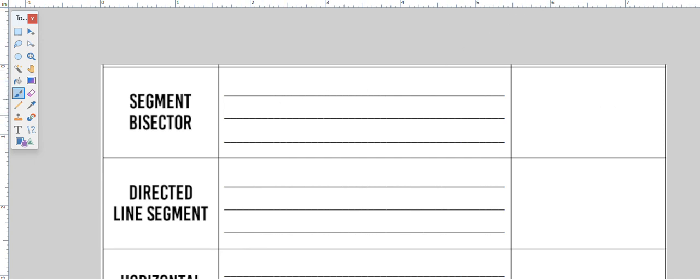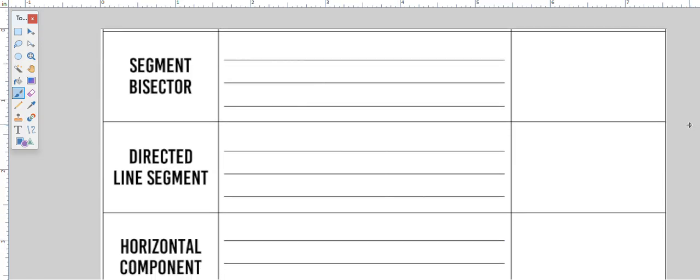Segment bisectors. All right. A segment bisector is when we have a segment. Remember, that's just a piece of a line, or a plane. A segment, a line, or a plane. So a few different things can do this, right? That intersect a segment at its midpoint.